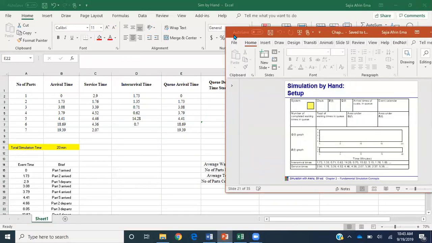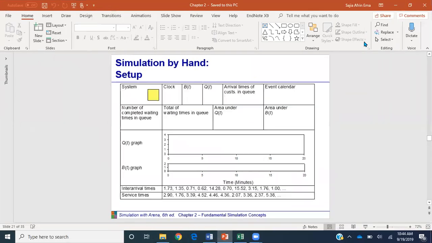I'll just maximize it. Okay. So over here, we can see what we have. So this is our system. And this yellow box over here is our drilling machine, suppose.